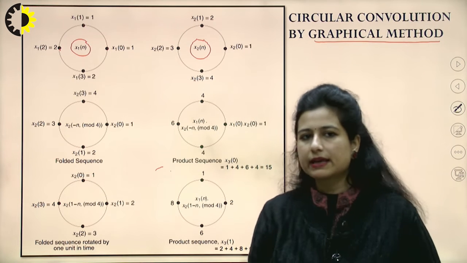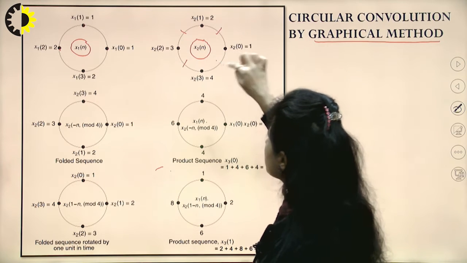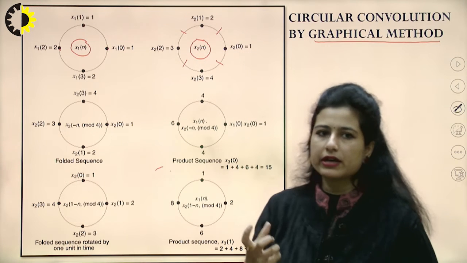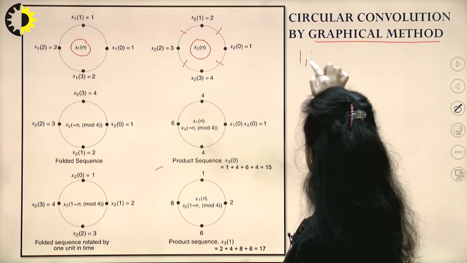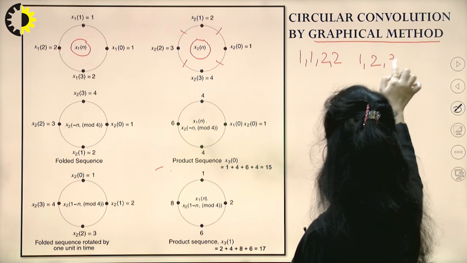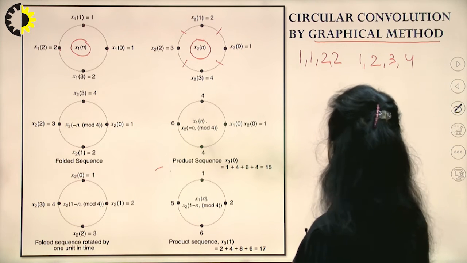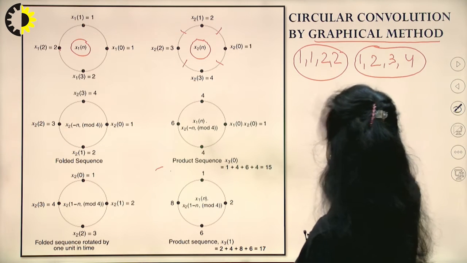If I have 8 samples, then I would again mark them in between. So the distance should be equal between every sample. Here we are solving for two sequences, 1, 1, 2, 2 and 1, 2, 3, 4. This is say x1 and this is say x2.